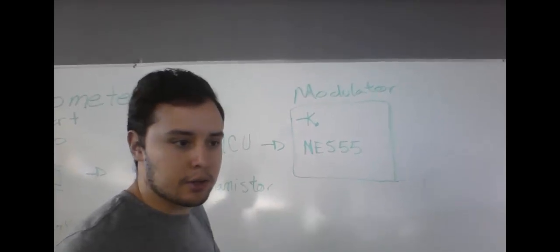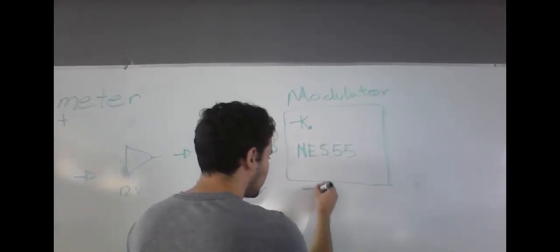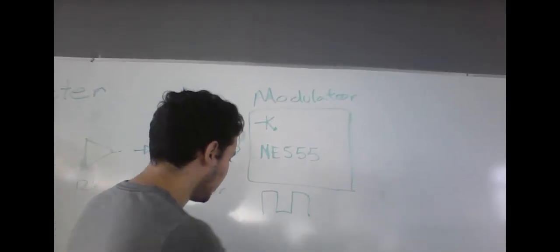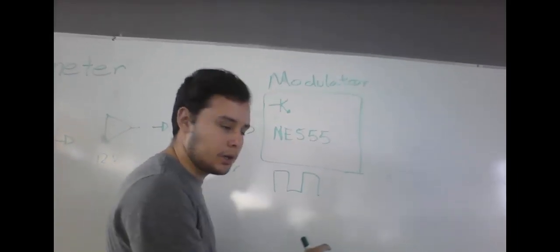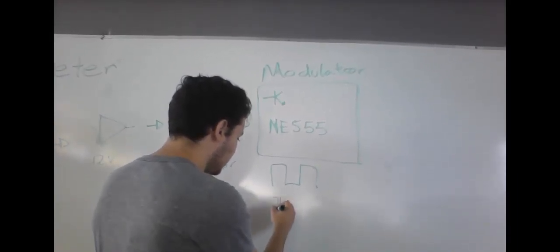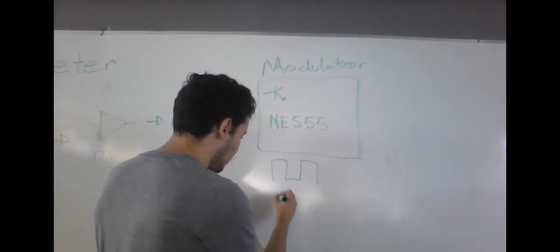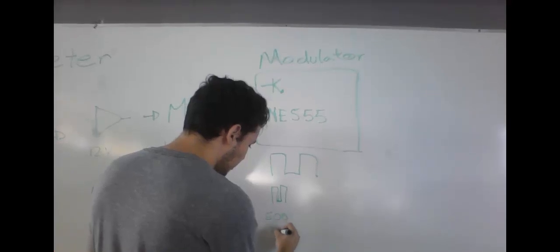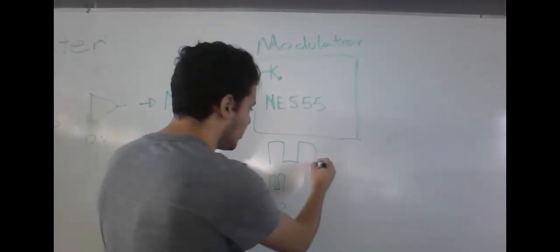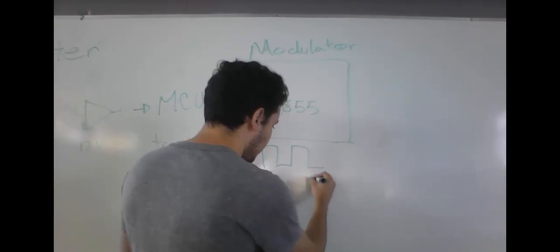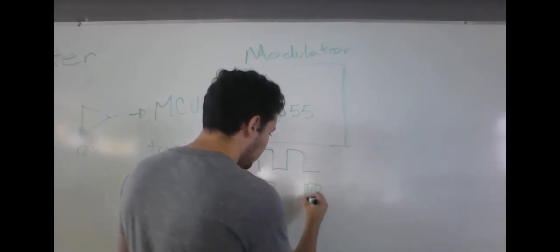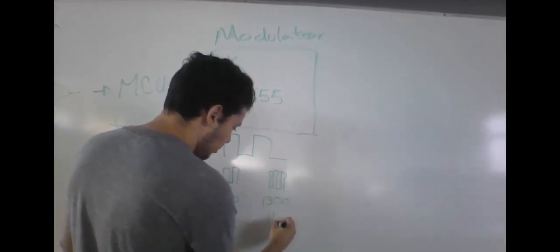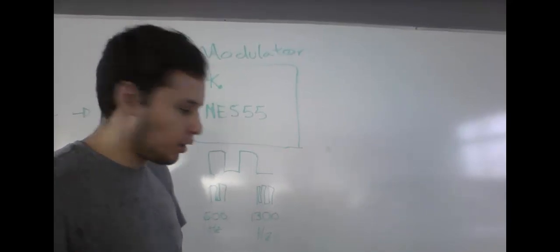This modulator takes the signal coming in binary. When it's 1, it oscillates at 600 hertz, and when it's 0, it oscillates at 0.3 kilohertz.